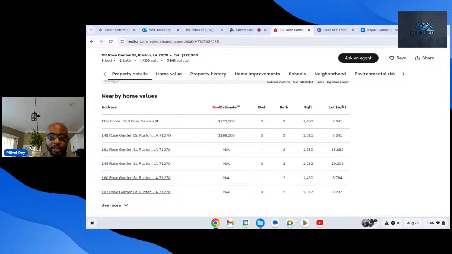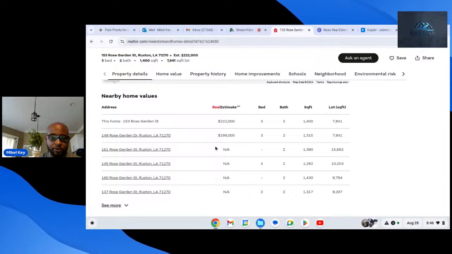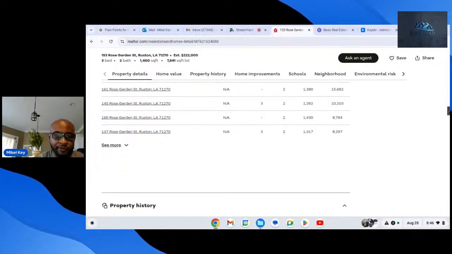I took 199,000 and divided it by this 1,315 square footage number, and that spit out $151 a foot. So if this was your area where you were trying to calculate ARV, you would take that $151 a foot and multiply it by however many square feet you have. And whatever value that gives you would be very close to your after repair value.